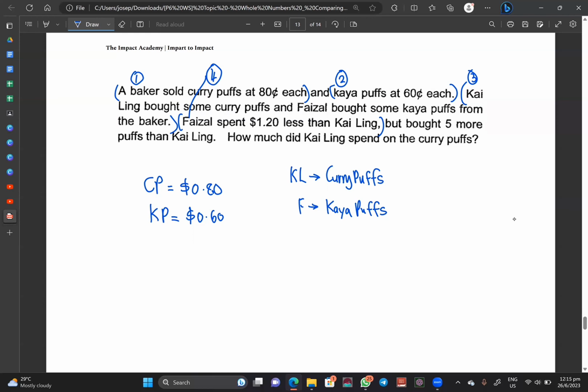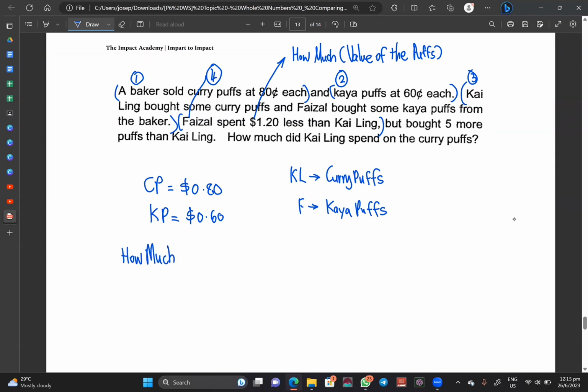Over here, you can see that $1.20 talks about how much. How much means the value, the value of or the price of the puffs. So what I like to do is write down how much over here.